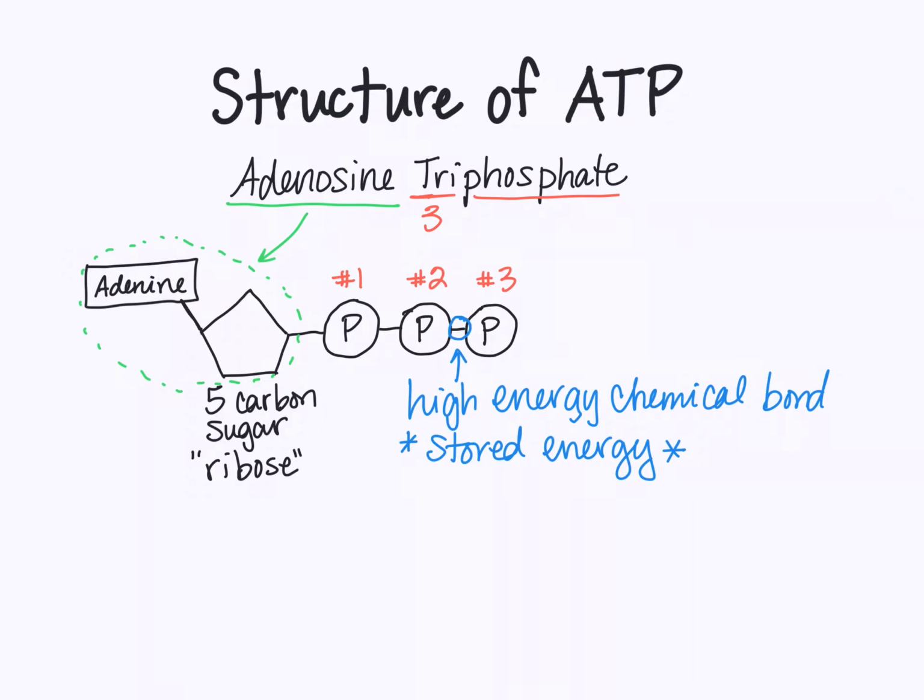So we can kind of think of ATP as being a charged battery. And in reality, it's kind of like a rechargeable battery that currently has a charge, but it can then give that energy to another molecule, but then it can be regenerated in order to be recharged. So we'll talk about that a little bit more on the next page.